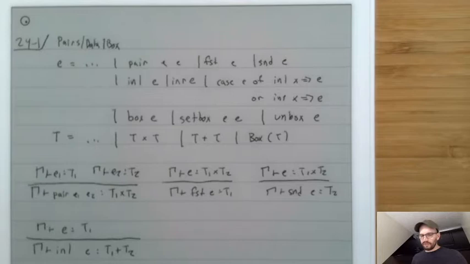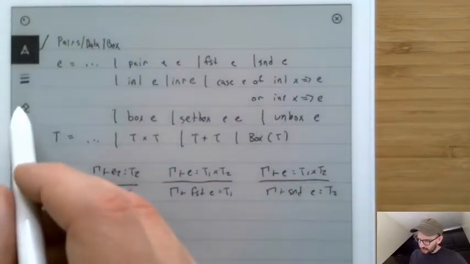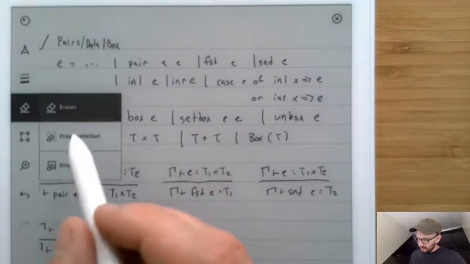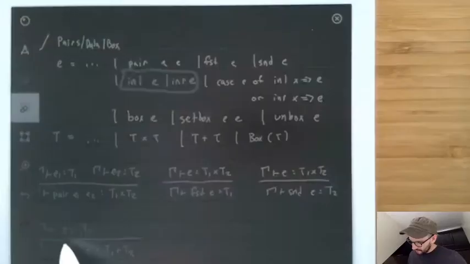Notice that T2 right here is free, meaning that it's undetermined what exactly it should be. This is actually a problem and would require a type annotation on this in left. So we actually have to change the syntax for in left and in right to deal with this.